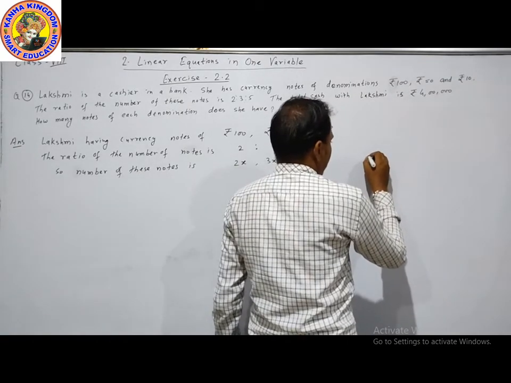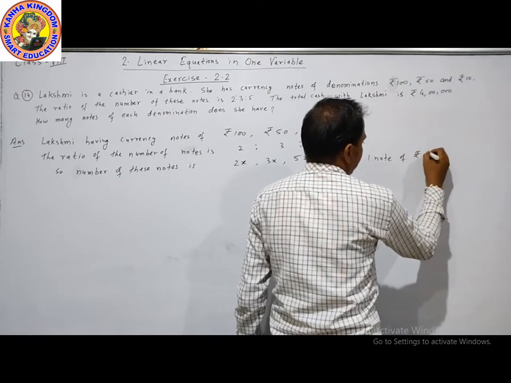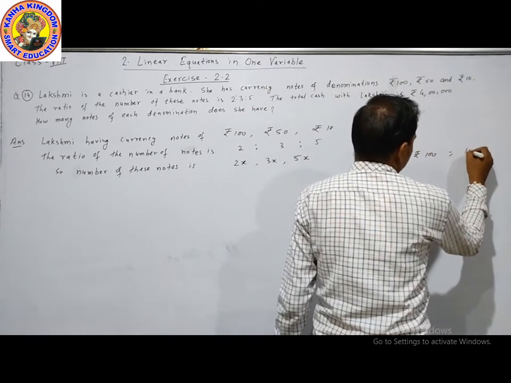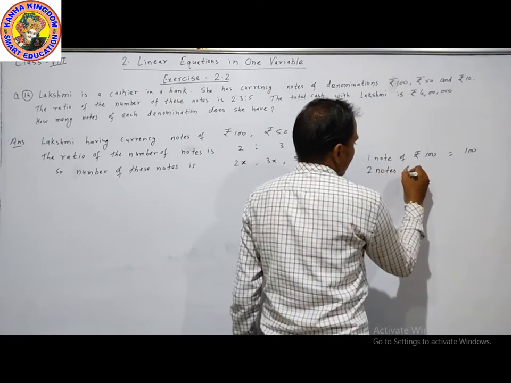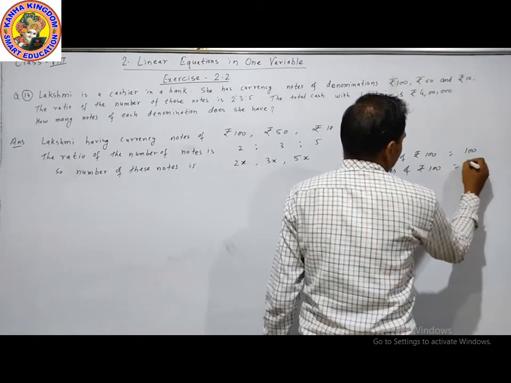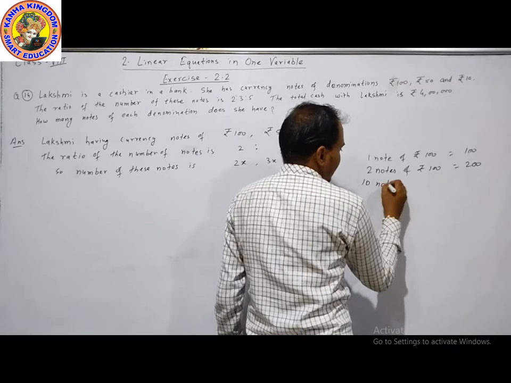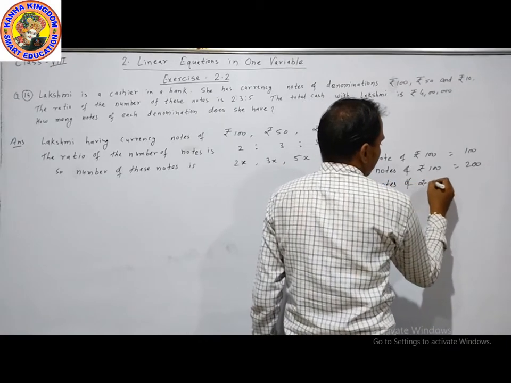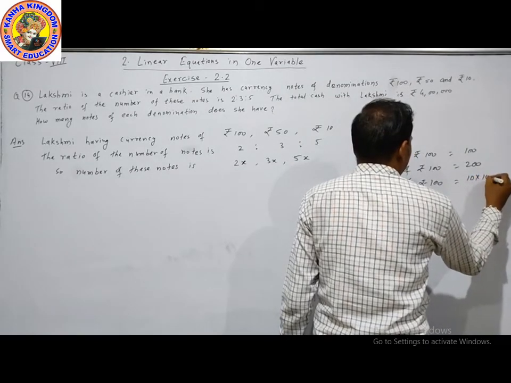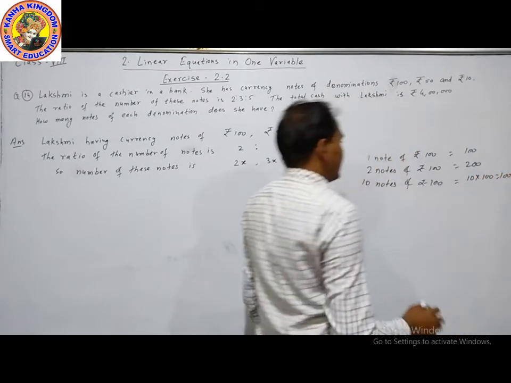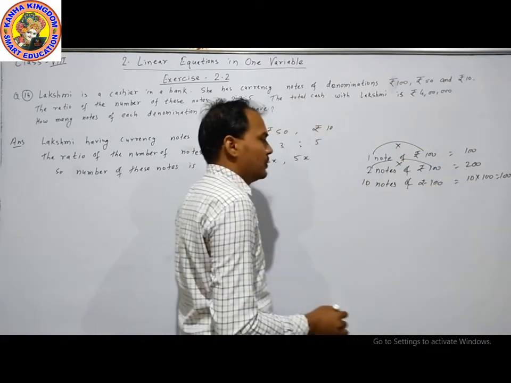Dear student, when we get one note of rupees 100, we get 100 rupees. When we get two notes of rupees 100, we get a total of 200 rupees. 10 notes of rupees 100 is 10 into 100, which is 1000.